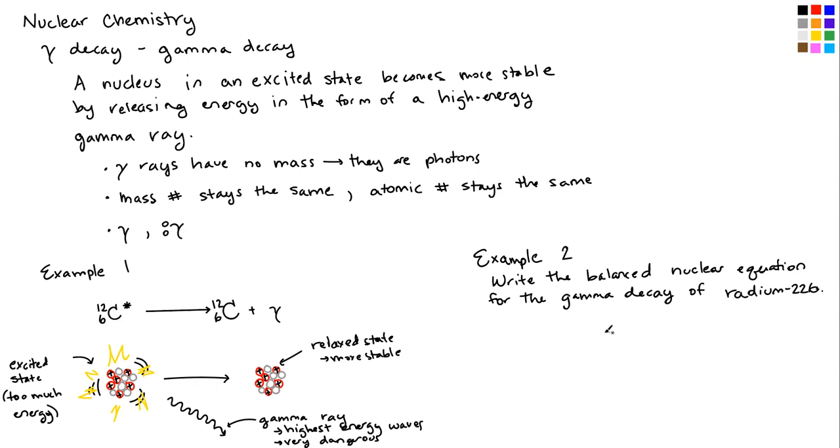Okay, so once again, let's make sure we understand what the problem's saying. So what it wants is a nuclear equation, right? So we know that it's going to look something like this.